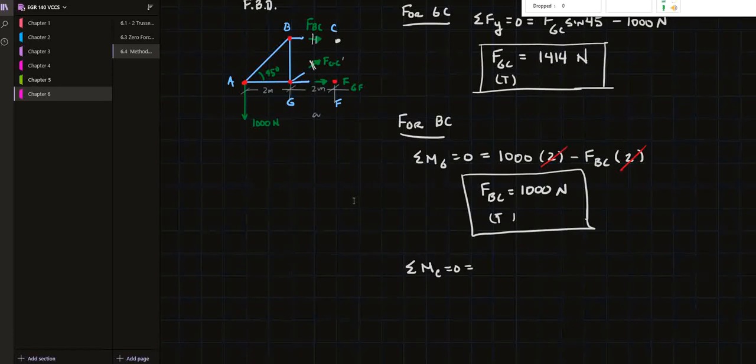And then I'll have 1,000 times 4 and then FGF is also rotating in the positive direction, and it is times 2.